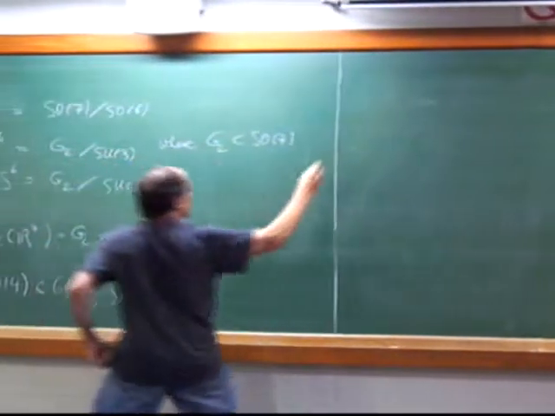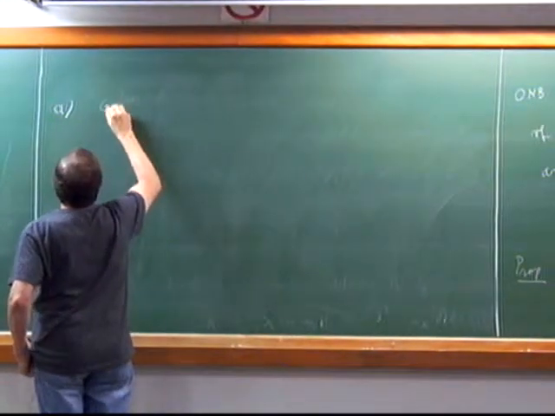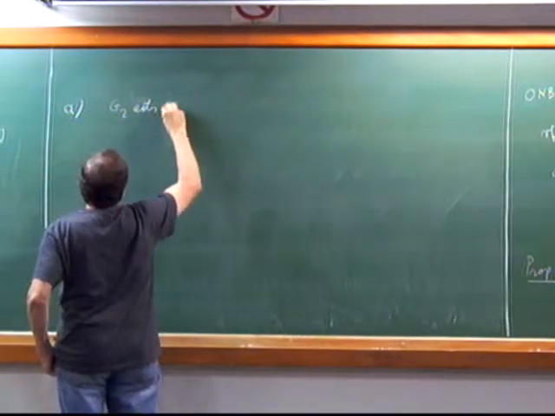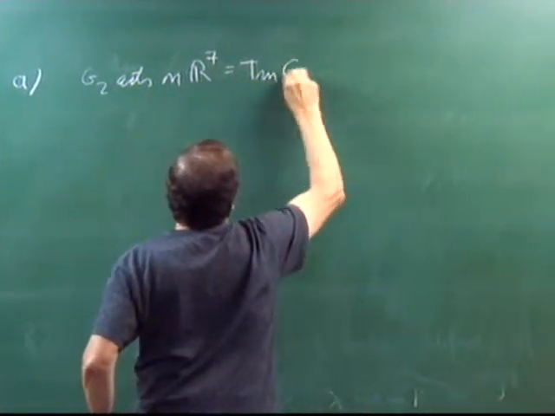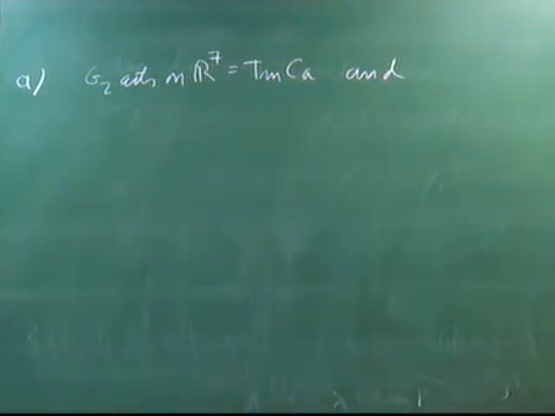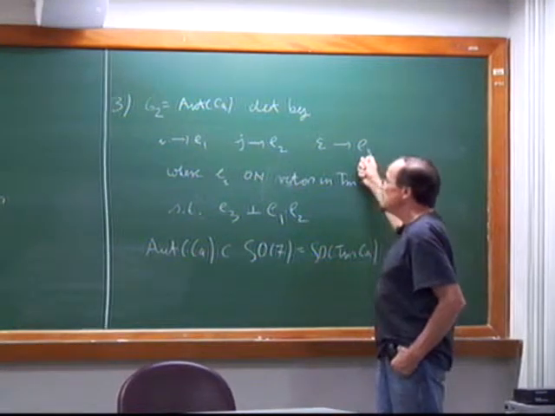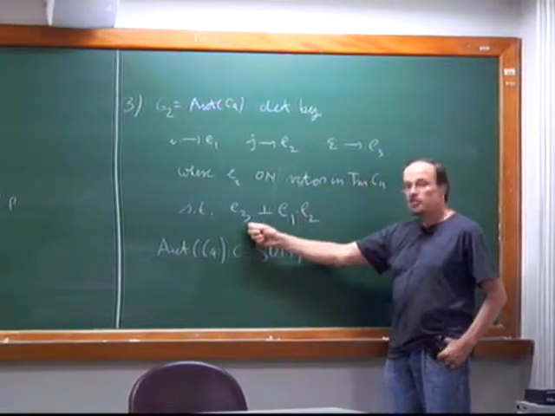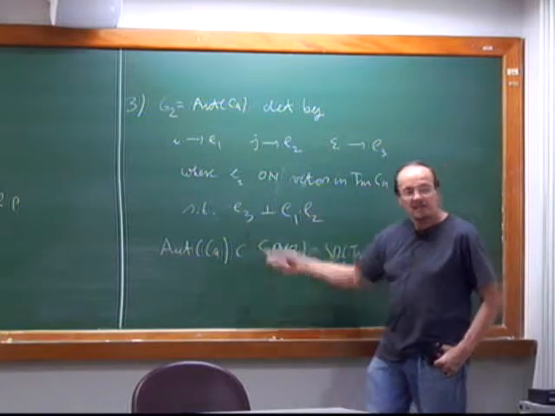Let's do part A. That's maybe the most interesting one. So G2 acts on R7, the imaginary Cayley numbers. And from this description, it's uniquely determined where it takes E1, E2, and E3, and they're arbitrary with only this additional condition. It says I can send E1 anywhere.